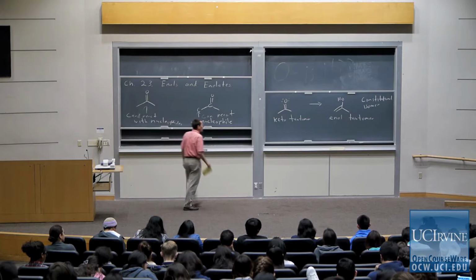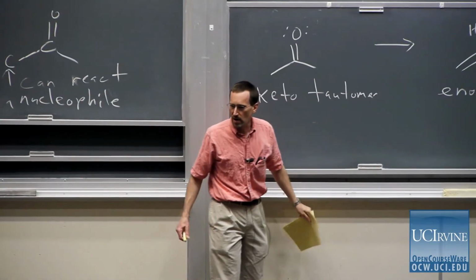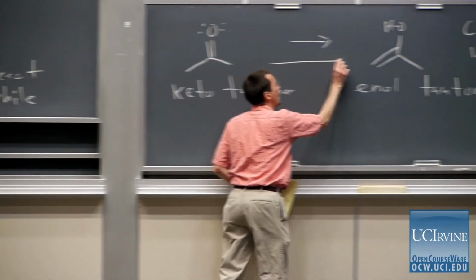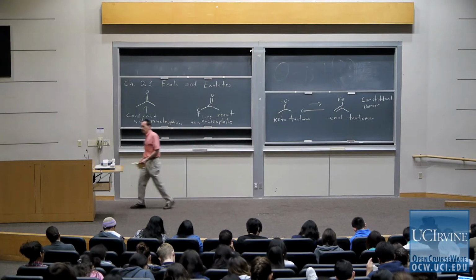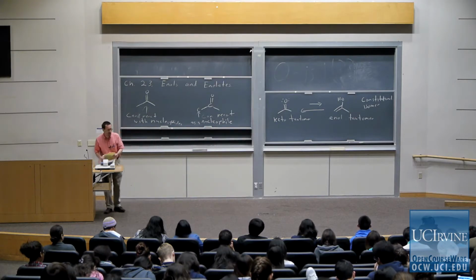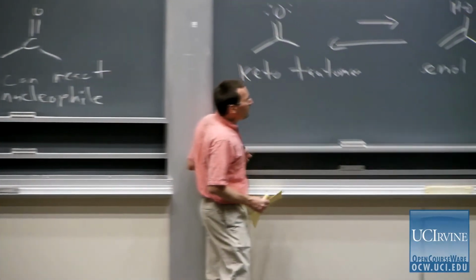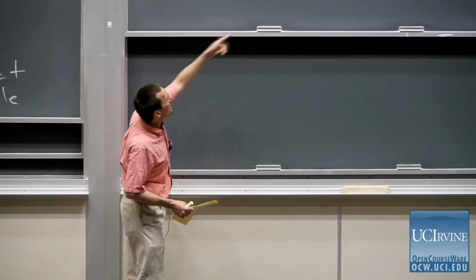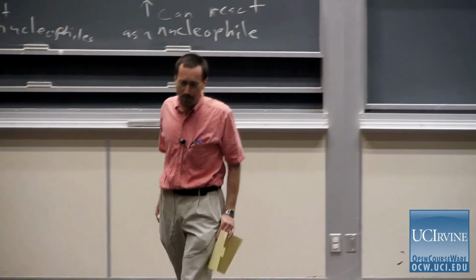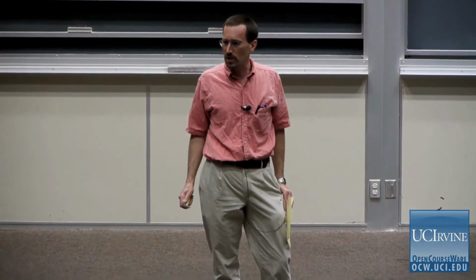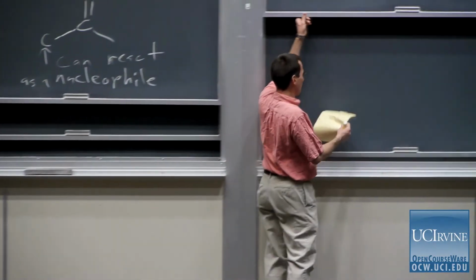Now, as I said, the enol tautomer is in equilibrium with the keto tautomer, and that equilibrium lies way, way to the left. I'll tell you just how far to the left in just a moment, but I wanted to introduce our players. Now, if we imagine pulling off the hydrogen of the enol tautomer, in other words, deprotonating, removing that hydrogen with a base, we get what we call an enolate anion.